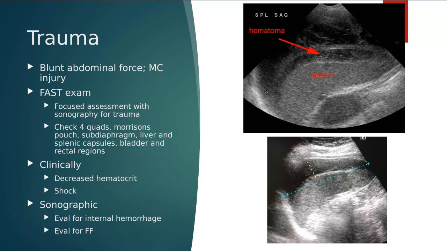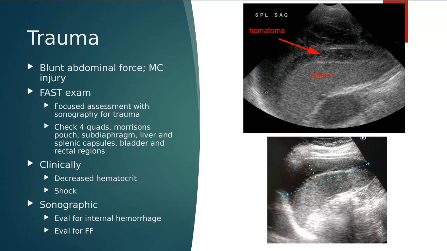And you're also checking your Morrison's pouch, your splenic and your liver capsules, the region of your diaphragm on both sides, adjacent to the bladder, adjacent to the rectal region. You are checking in every potential peritoneal and retroperitoneal pocket possible for any type of hemorrhage or blood collection.